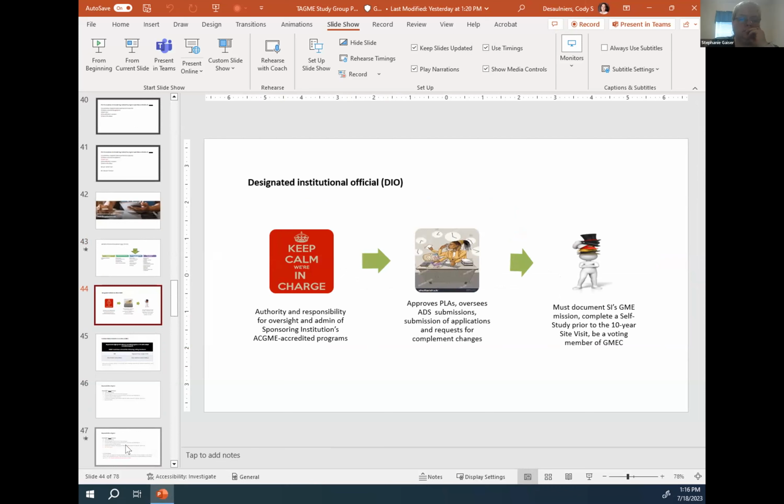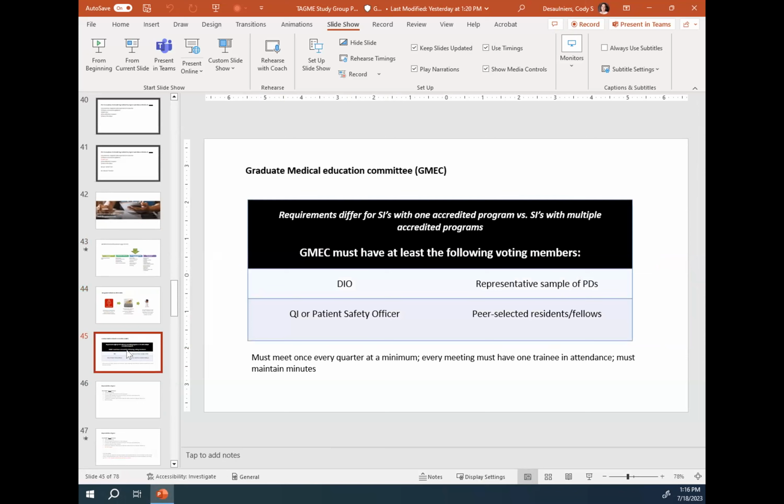They approve the PLAs, oversee ADS, submission of applications and requests for complement changes. And you must document the SI's GME mission, complete a self-study prior to a 10-year site visit, and be a voting member of GMEC.